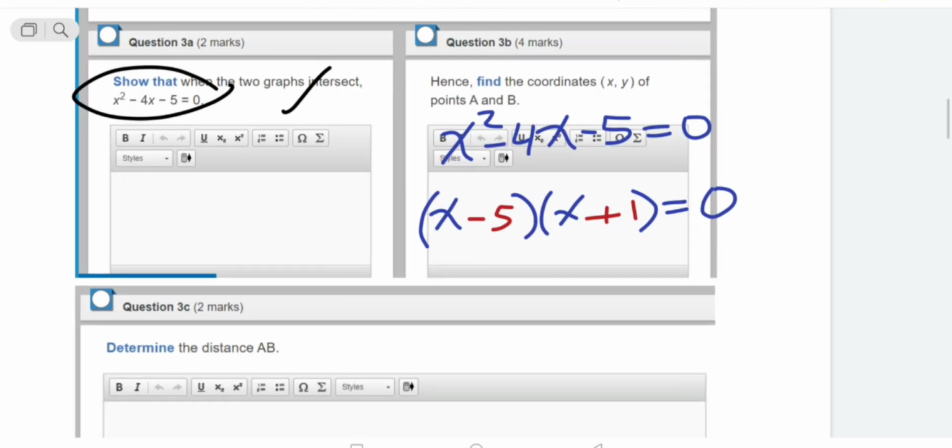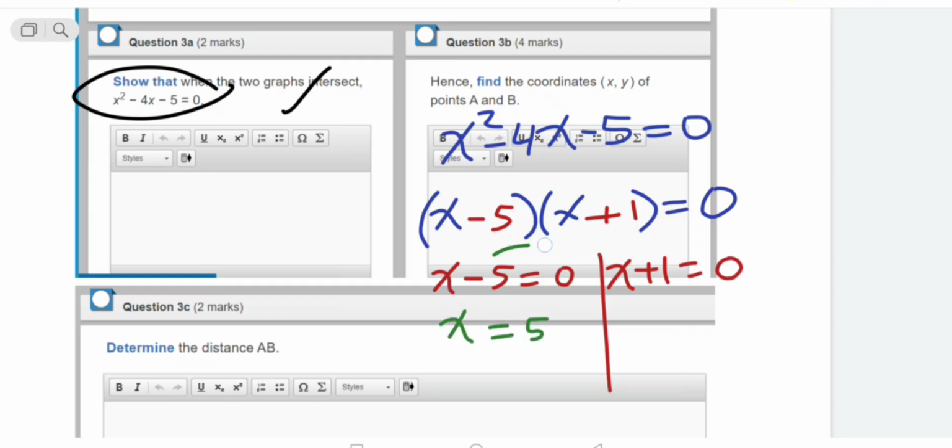Okay, let's find the value of x. So it means x minus 5 equals 0, x plus 1 equals 0. So x equals 5, because minus 5 goes there and becomes positive, and x equals minus 1. Clear?